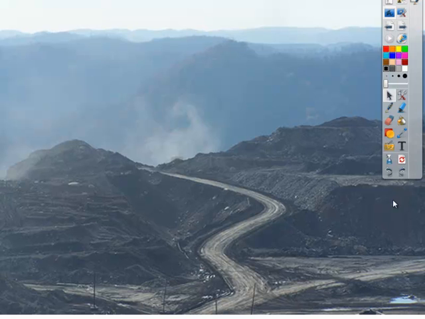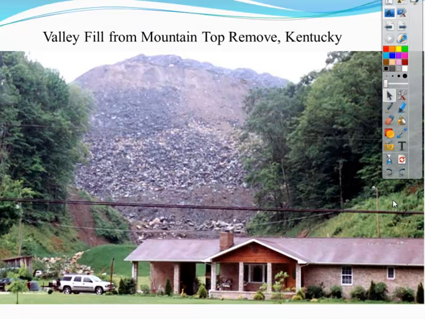Mountaintop removal is just a completely destructive process. And here's a great picture in Kentucky of the material that they piled up in the valley through the process of mountaintop removal to get the coal. Now today, the EPA considers that material harmful to the environment, and you are no longer allowed to get a permit to put mountaintops in valleys, because in the valleys are all the streams and aquatic ecosystems.